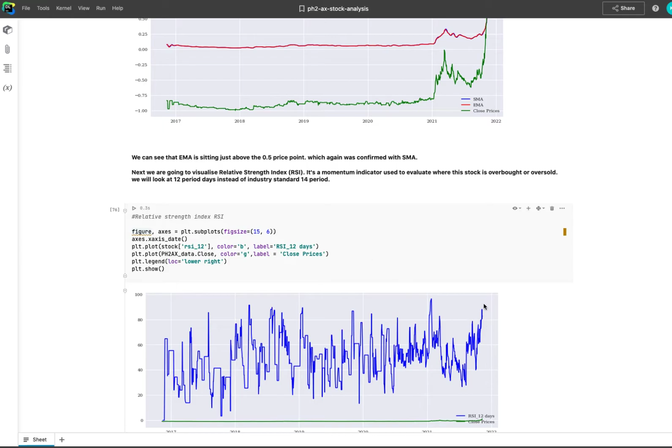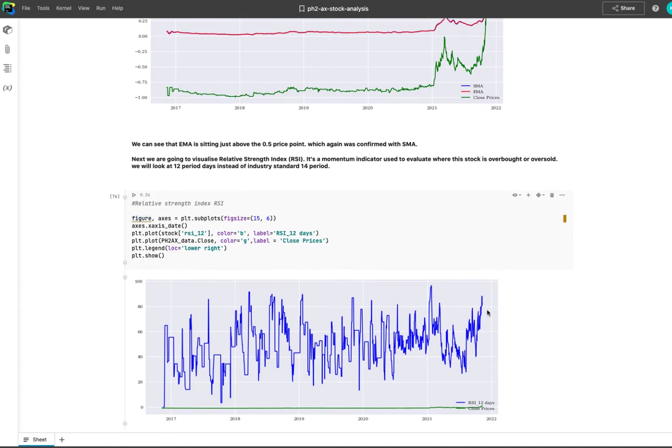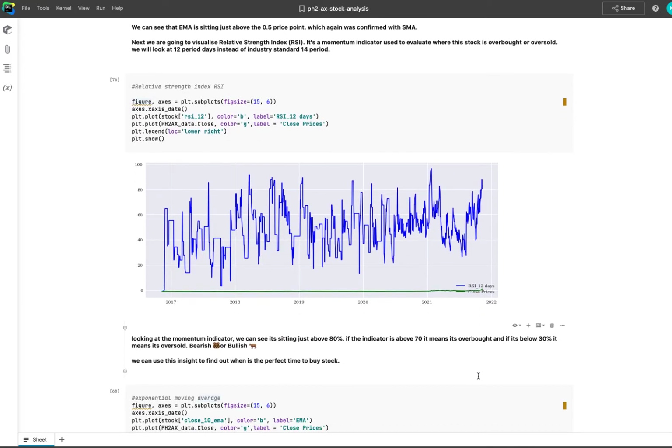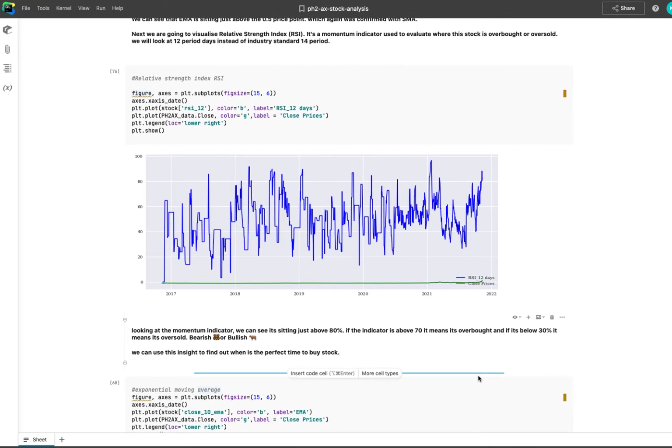If it's above 70%, it means that it's overbought. And if it's below 30%, it means it's oversold. So this tells us whether this stock is bearish or bullish.